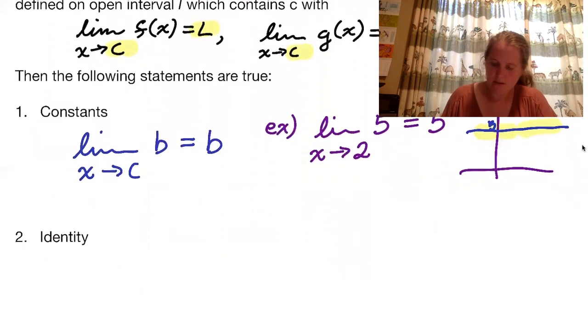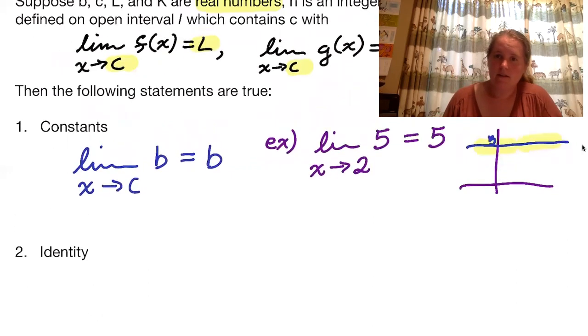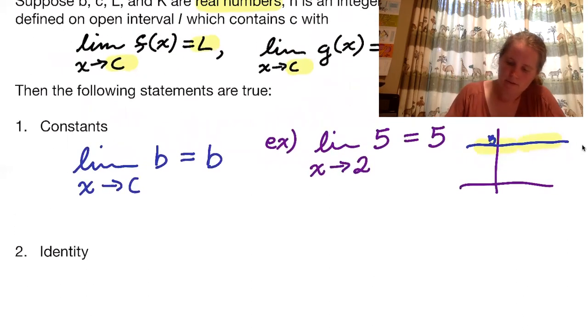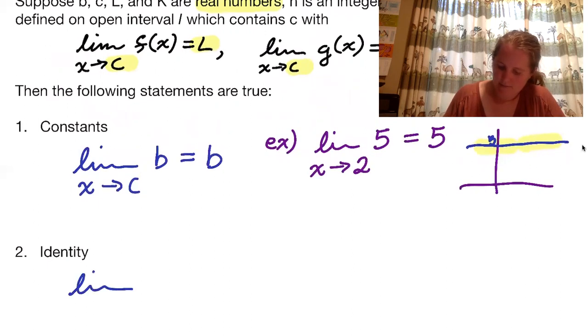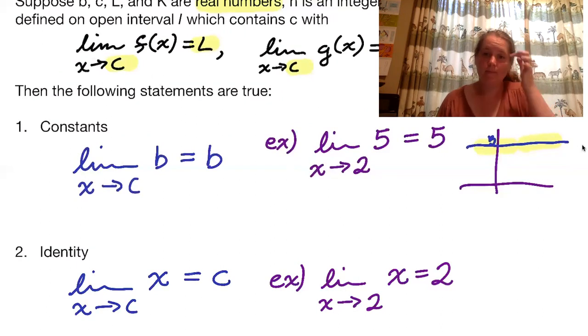The identity: we have the limit as x approaches c of the function x is simply c. So for example, the limit as x approaches 2 of x is said to be 2.